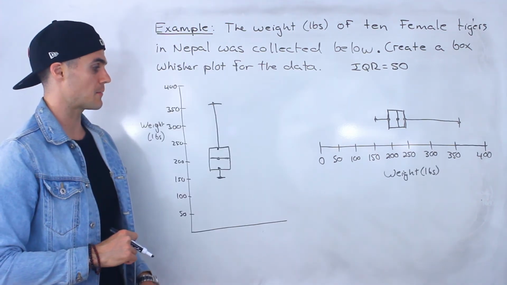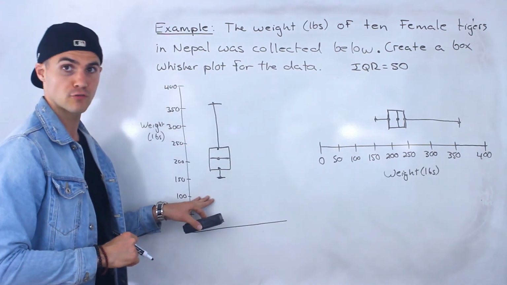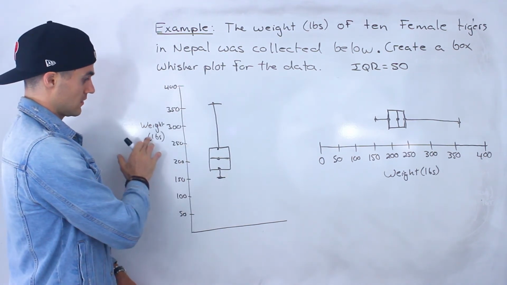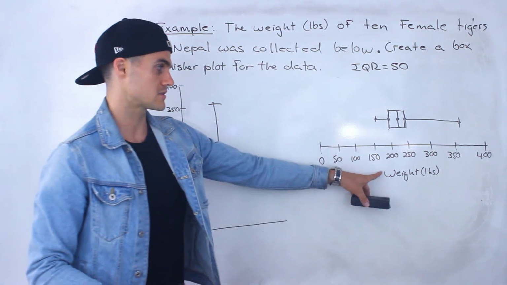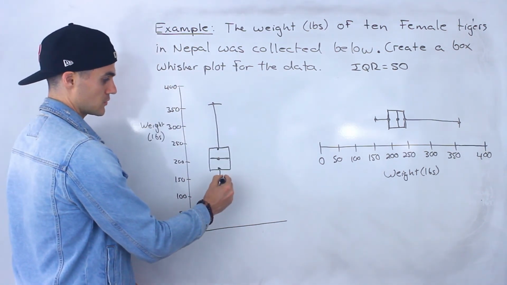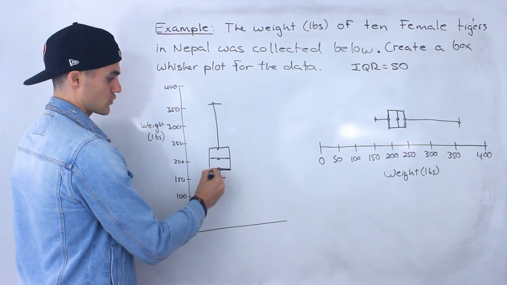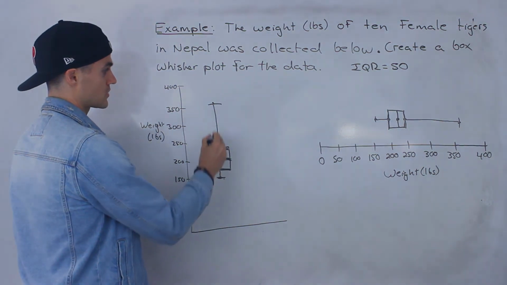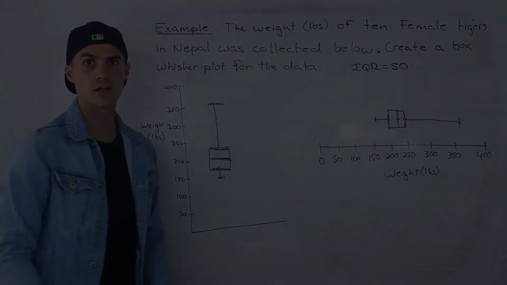And if you wanted to take that Box-Whisker plot and show it in a vertical fashion, you could show it like this, where that scale is here, the weight in pounds, same thing as this scale, the weight in pounds went up by 50s, so the smallest value would be down here, first quartile, second quartile, which is the median, third quartile, and then that largest value.